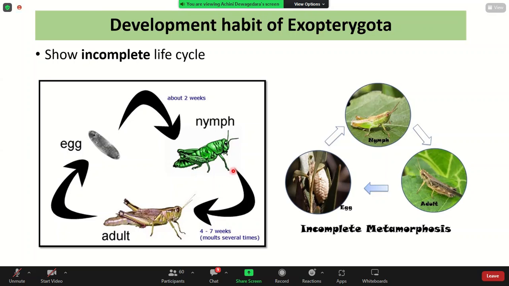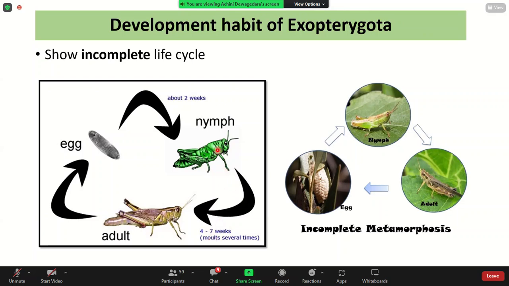It will shed its exoskeleton and develop a new one. As the size increases, it removes the old one and develops a new one. Right? They will shed their older exoskeleton and develop a new one. So that is called molting.